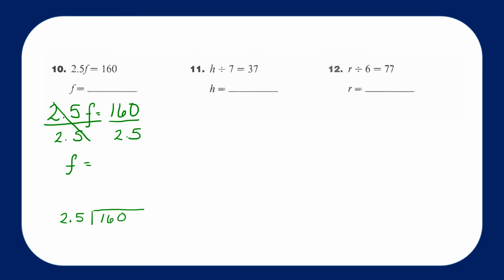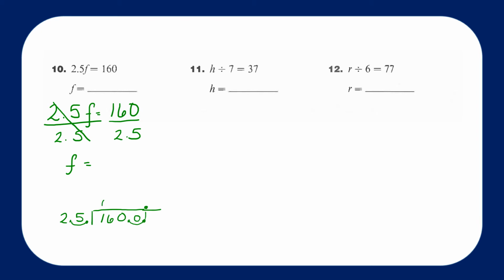There's a decimal point in my divisor, so I have to move that over once. And this is a whole number, so my decimal point would be here, so I have to move that over once and add a 0. I'm going to bring it right up into my quotient.